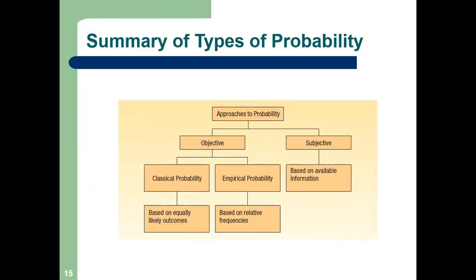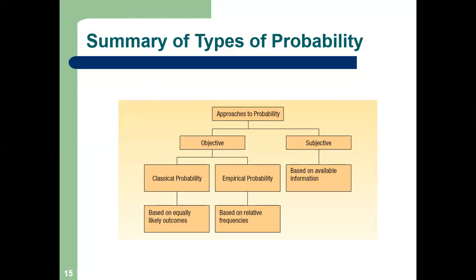So let's move on to summarize these three probability concepts. We learned that there are two basic concepts of probability. One is objective, another one is subjective. And objective we further divide into two categories: classical probability and empirical probability.